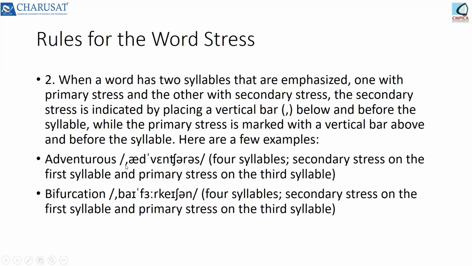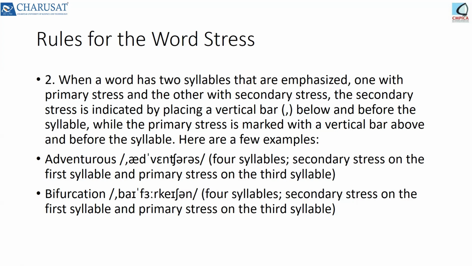The sound a has this secondary stress, placed below and before the syllable, while the primary stress is marked with the vertical bar above the syllable, before the next sound that we see. So this will be primary and this will be secondary. This could change from time to time, but these are the two examples that help to understand.